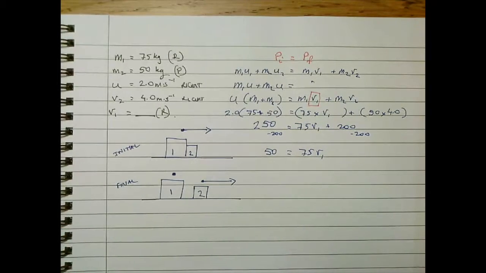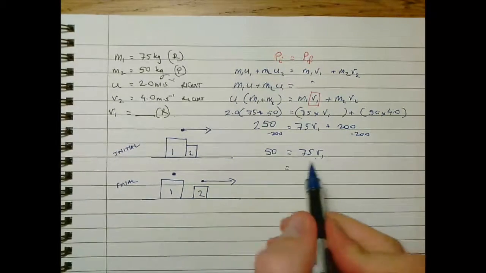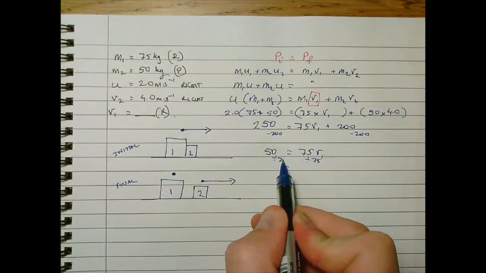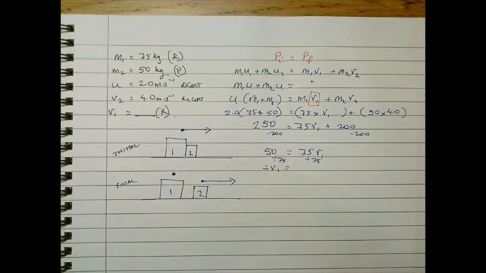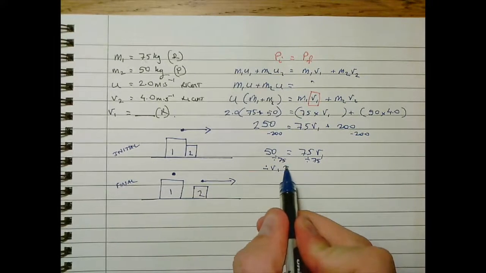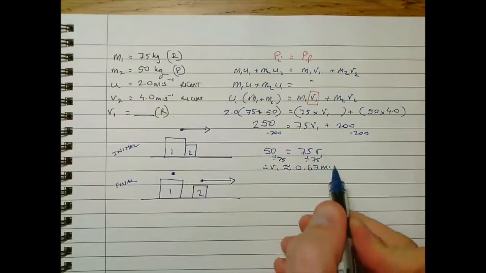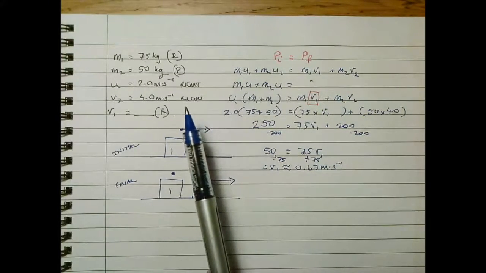It might be a basic equation, but the context itself is quite complex, and that's what we need to try and understand. So we're left with quite a simple formula now, where I'll divide both sides by 75, and that gives me the velocity of object 1, who is Renfrew, to be approximately 0.67 meters per second.